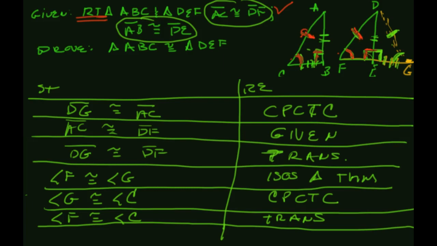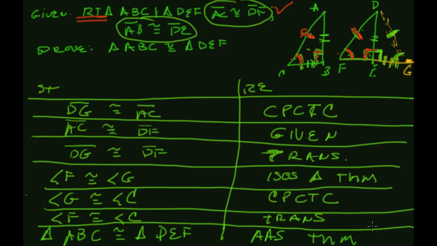Two angles and a non-included side tells me that triangle ABC has to be congruent to triangle DEF by angle, angle, side, the AAS theorem, which is what we proved at the beginning of this video.